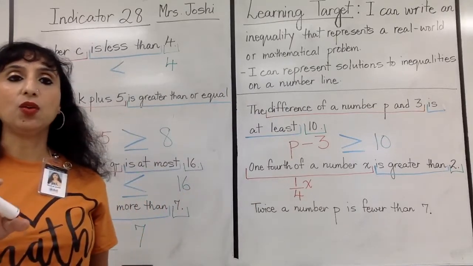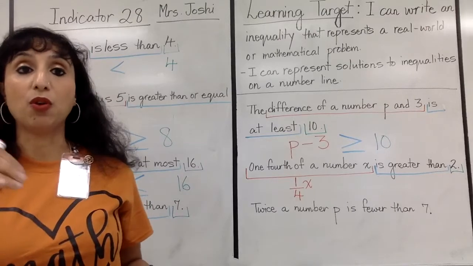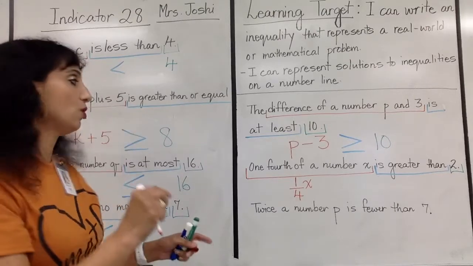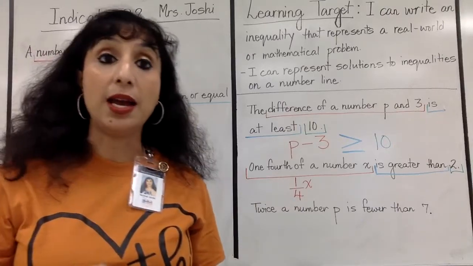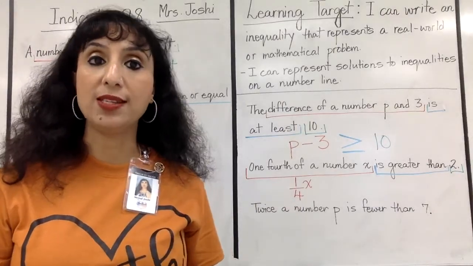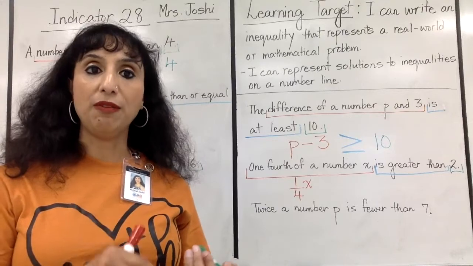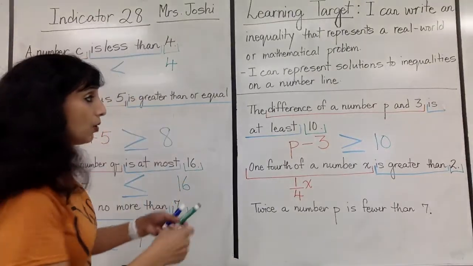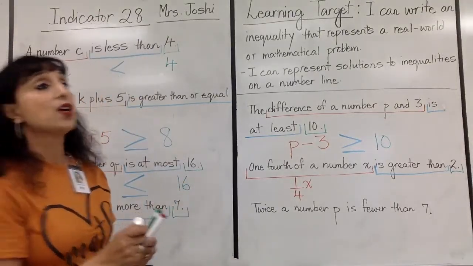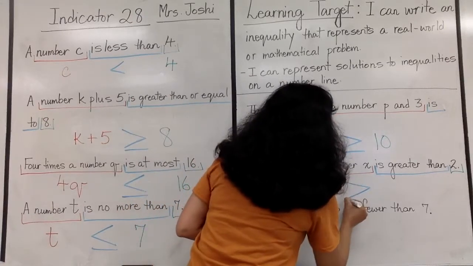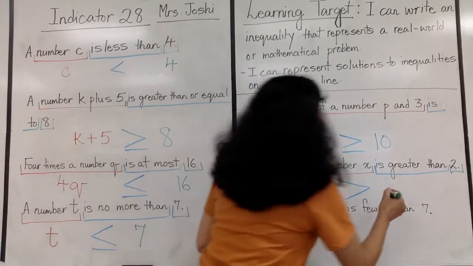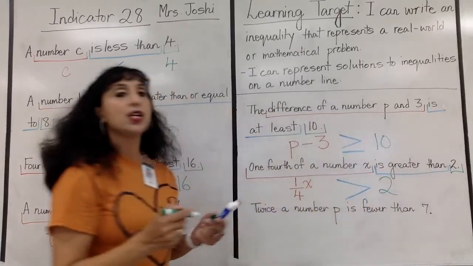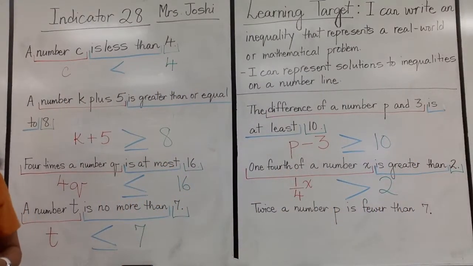That means something totally different. That means 1 divided by 4x. This is 1/4 of x, so you're going to write it over here. Again, you don't have to write times x because 1/4 is your coefficient. So you will write 1/4 x is greater than 2. So there is my answer for that one.